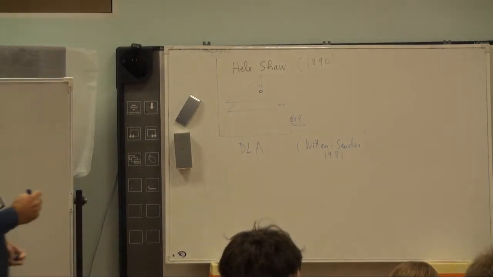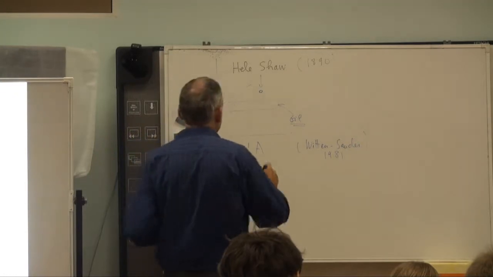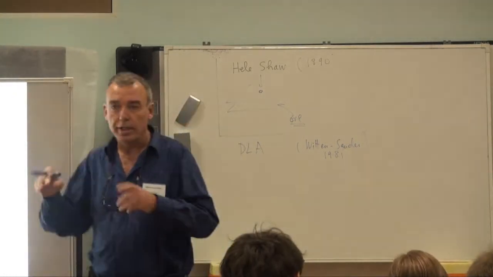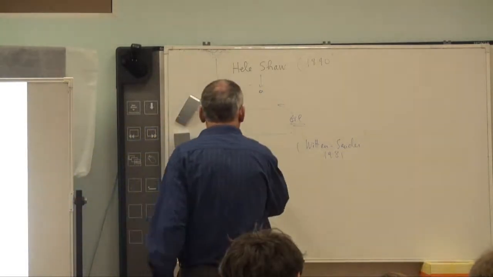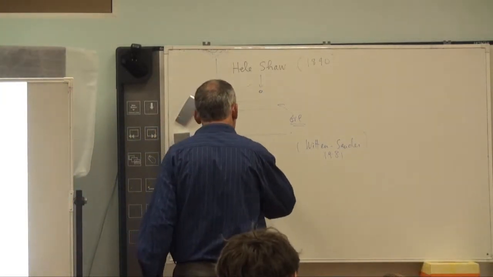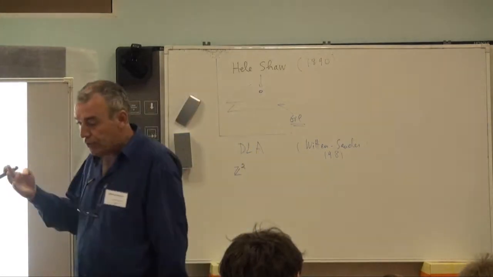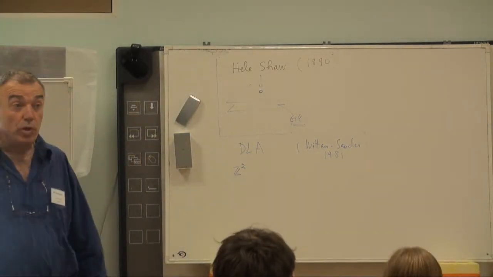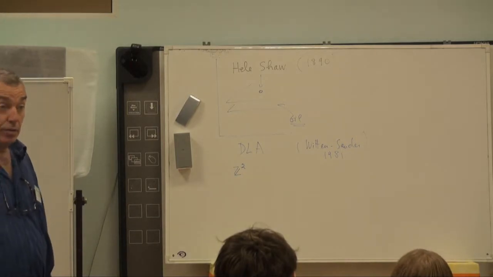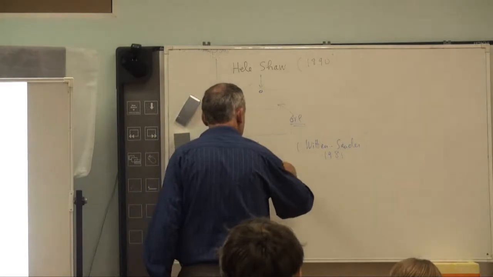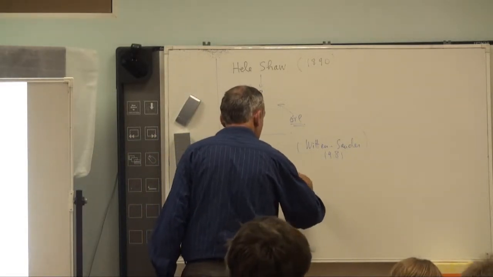So how did they define this? They first defined it on a lattice. You consider the lattice Z^2, and the time now will be discrete. So you will have a cluster K_n, n greater or equal to 0.